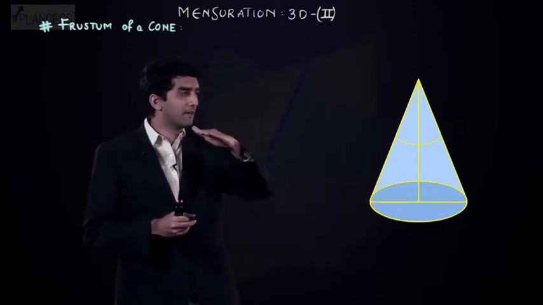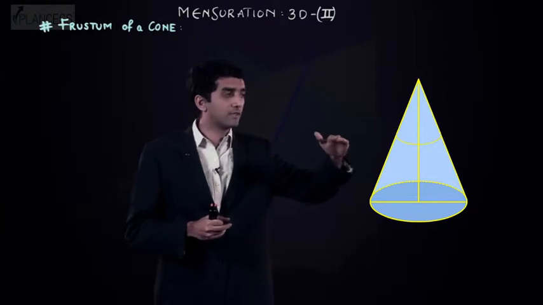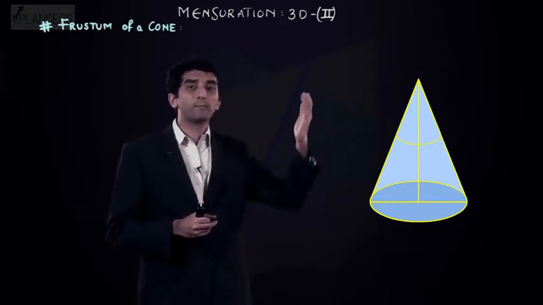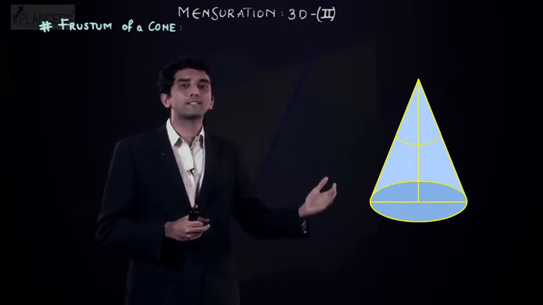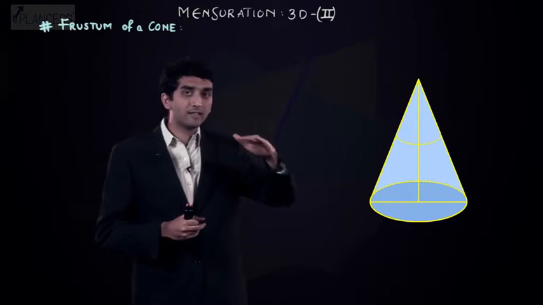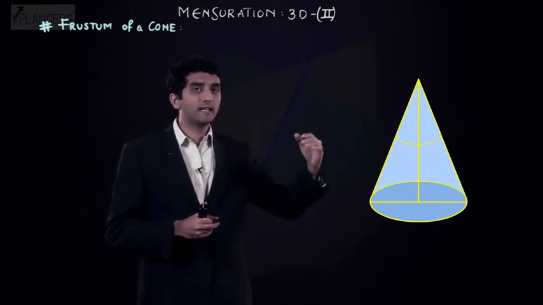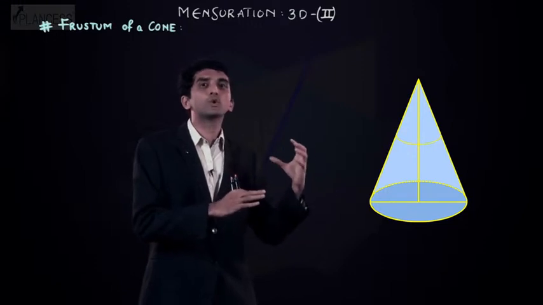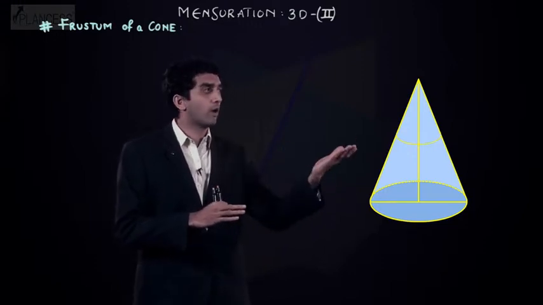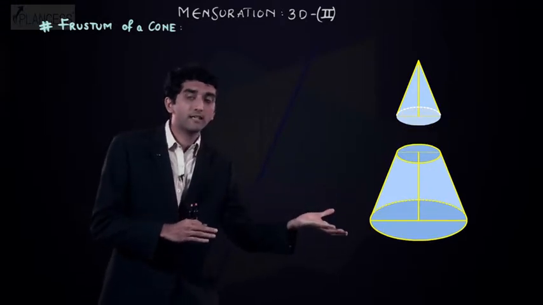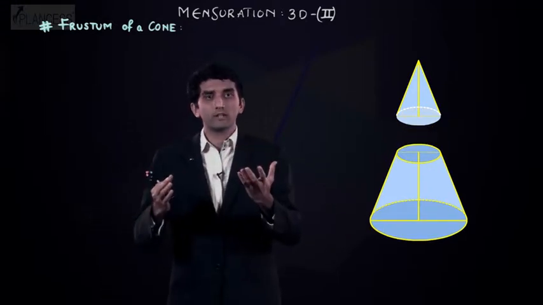Parallel to this, if I cut it like this, so as you can see, this is parallel to the base of a circle and perpendicular to the axis of this particular cone. So if I cut this cone that way, then the original cone is cut into two separate parts. One is another smaller cone and the other part is what is called the frustum of a cone.